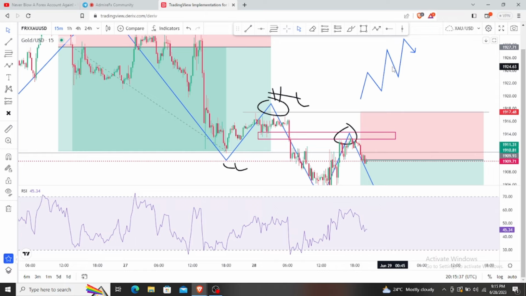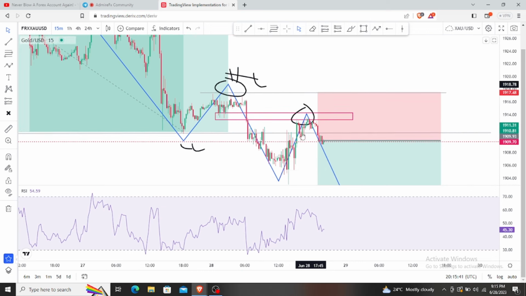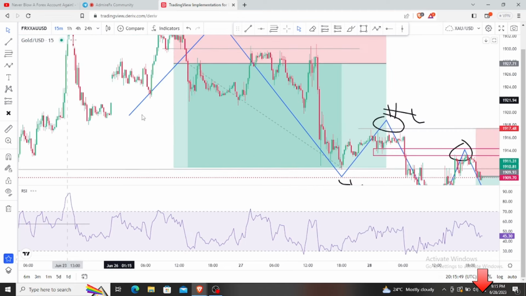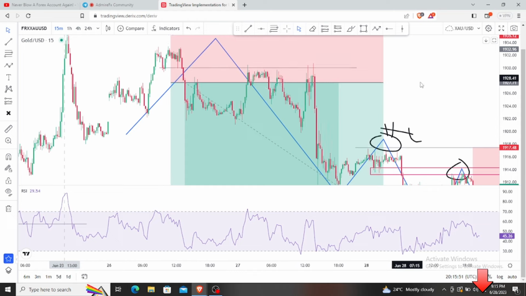So now what I normally do is I scale down to my lower time frame, like my 15 minutes and my 5 minutes, to have my best sniper entries on price. It's the same thing I did here, that's why you are seeing this black line here.